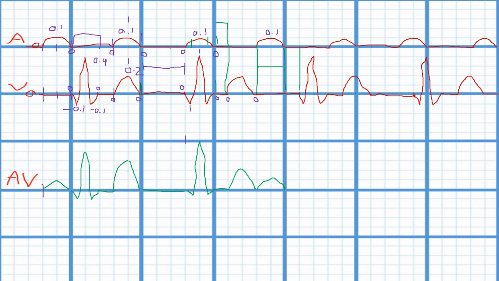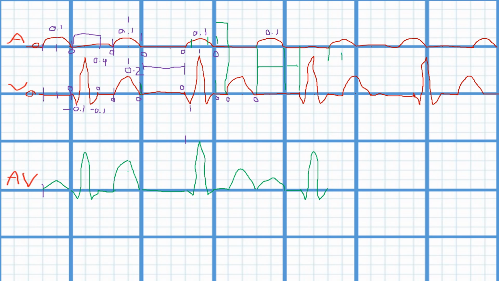This section right here, there ain't nothing going on. And so we're going to just do a flat line. All right. Right here, there's no atrial, there's just ventricular activity. And so I'm just going to copy that figure right there. So negative 0.1 to positive 0.4 to negative 0.1. All right, so right here, this is where it gets a little complicated.